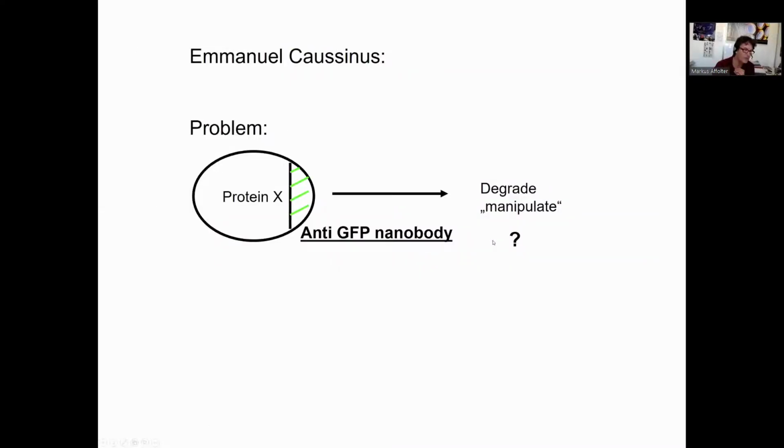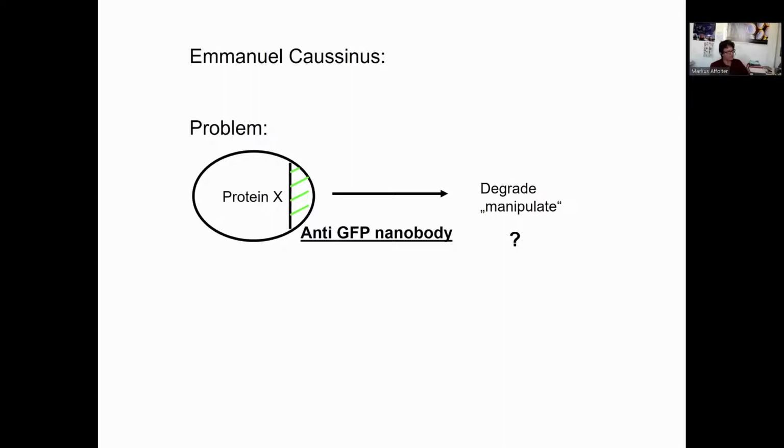So the idea of Emmanuel was then, okay, if I want to manipulate proteins, maybe what I could do is add the GFP to my protein of interest. This we do anyhow nowadays. As soon as we want to work with a protein, we try to label it with a fluorescent protein so we can see it. And in a live movie, we can see where it is, where it goes.